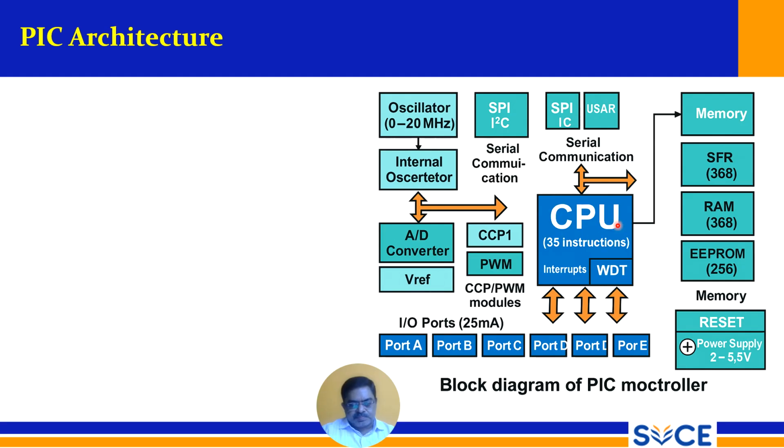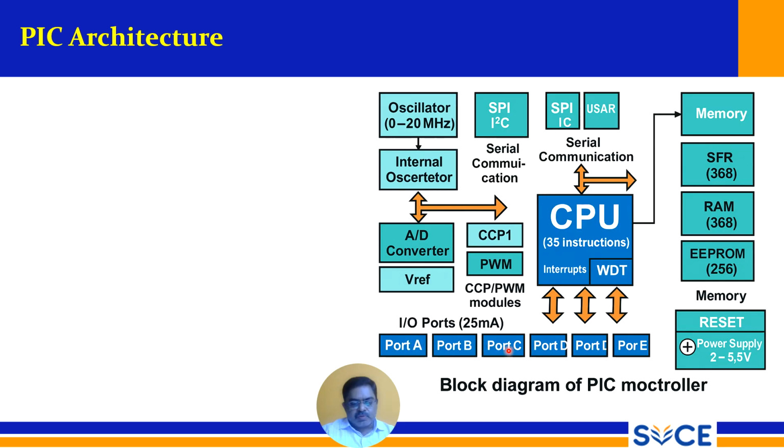This is the CPU, which supports only 35 instructions, and serial communication ports, that is SPI, I2C, and USART, and memory and SFR, special function registers. And we have RAM, EEPROM, and reset. The power supply is 2 to 5.5 volts.